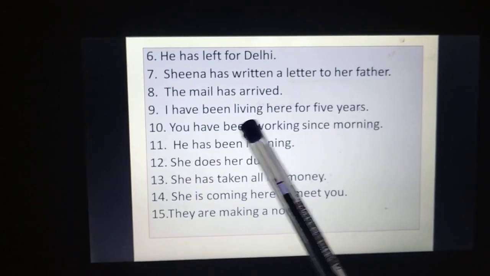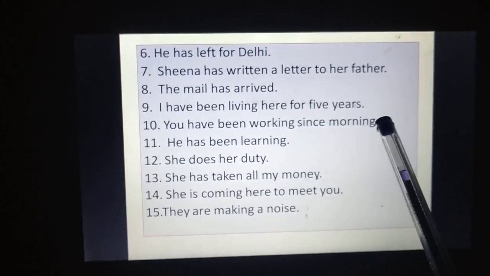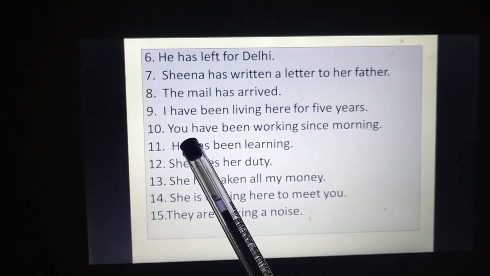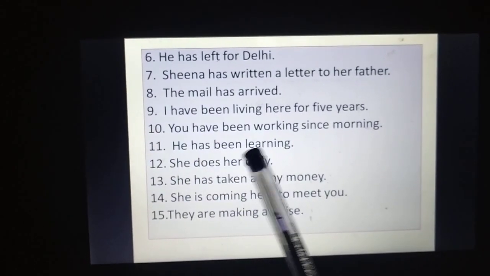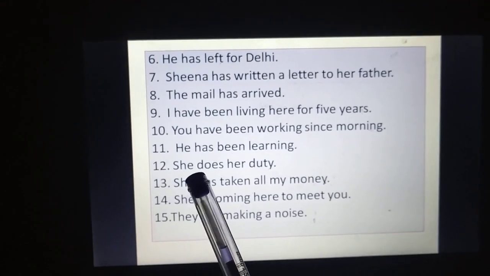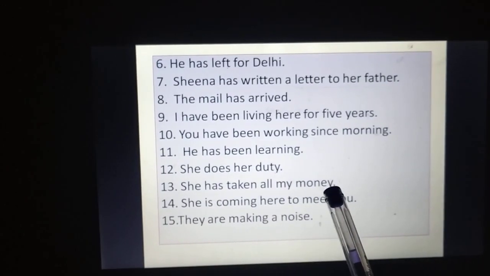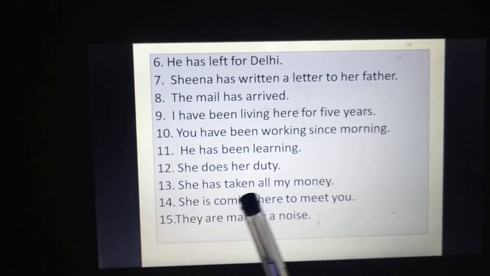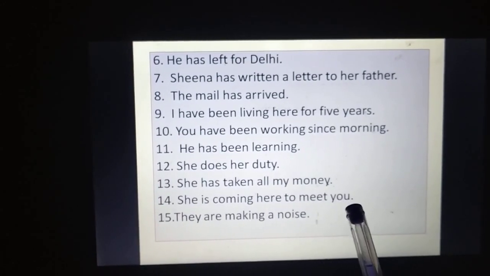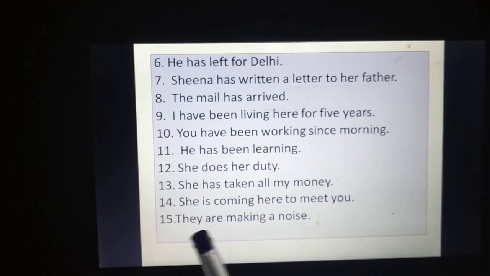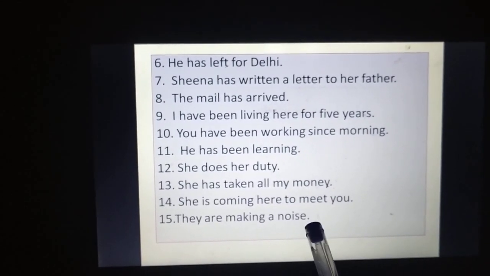Ninth, I have been living here for 5 years. 10th, you have been working since morning. 11th, he has been learning. 12th, she does her duty. 13th, she has taken all my money. 14th, she is coming here to meet you. 15th, they are making a noise.